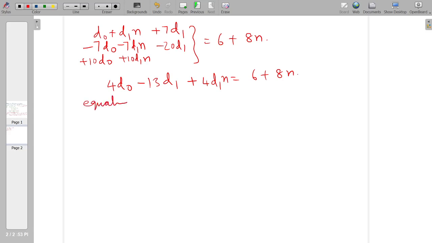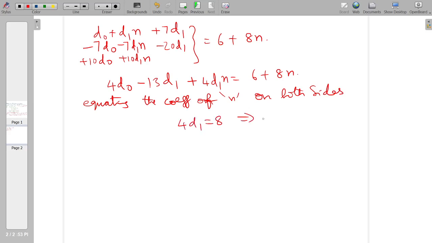Equating the coefficient of n on both sides, you will have 4 d1 is equal to 8, and from that d1 is equal to 2.